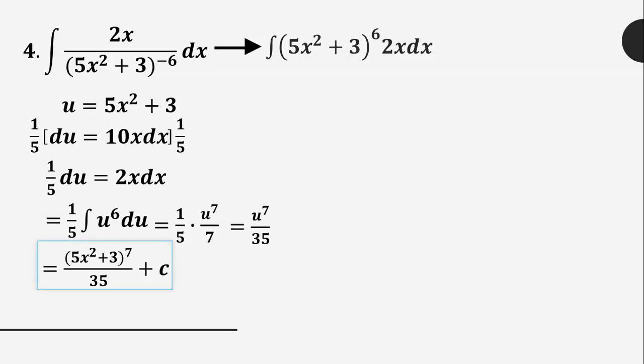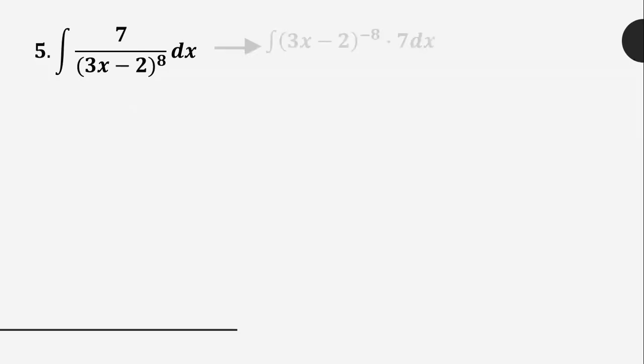Any question? Let's have item number 5. So what if you have the integral of 7 over the quantity 3x minus 2 raised to the 8th power dx? So again, we could rewrite it as the integral of the quantity 3x minus 2 raised to negative 8 times 7 dx.